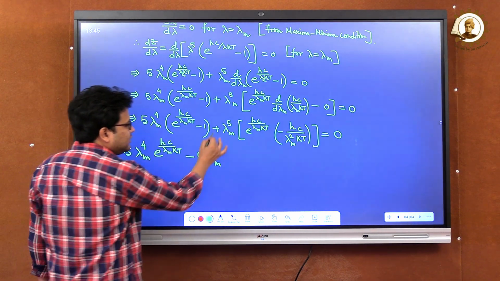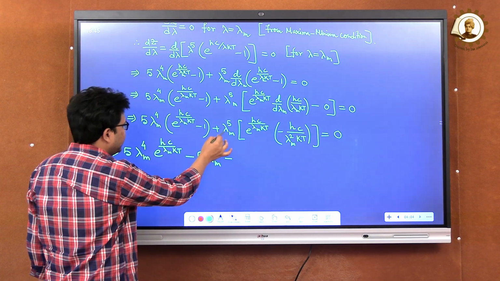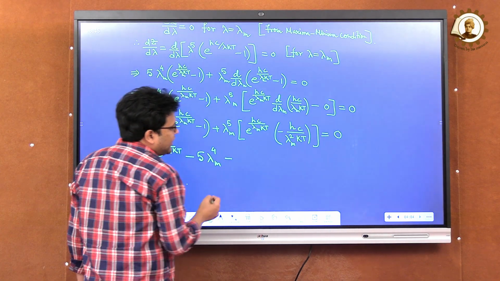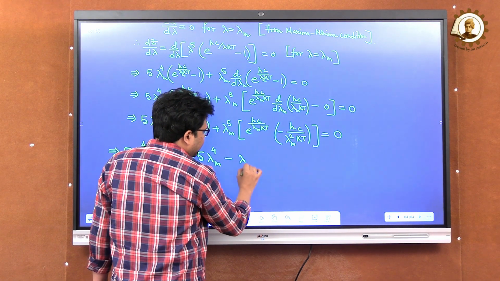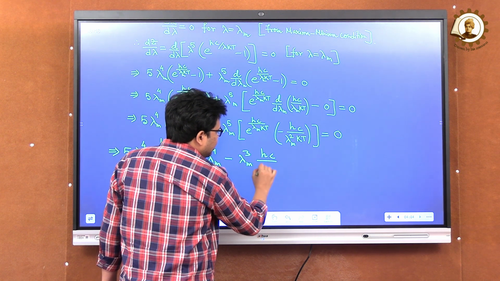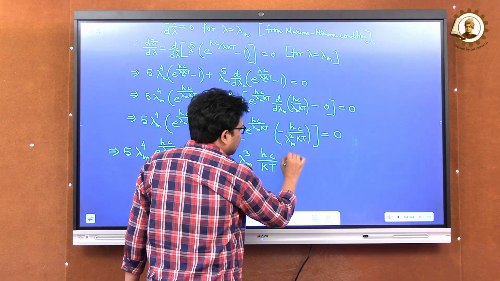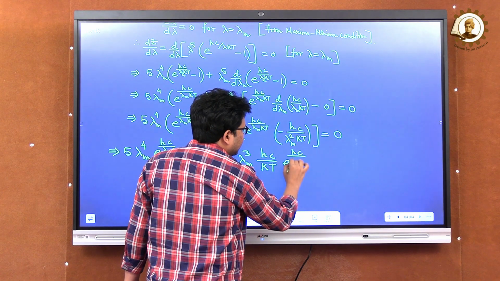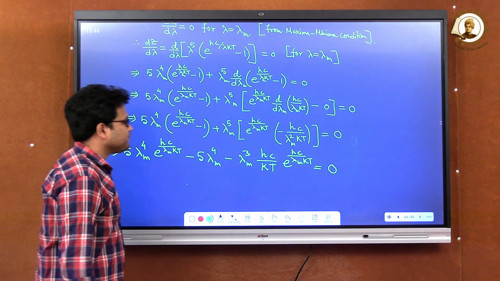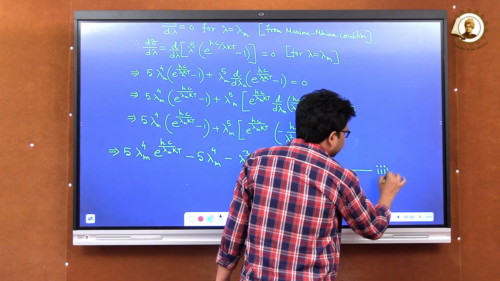Clear? Now this plus this minus results in minus. Here we have lambda m to the power 5 and there we have lambda m square. So as a result we have lambda m cube hc by kt e to the power hc by lambda m kt equals 0. This is my equation number 3.